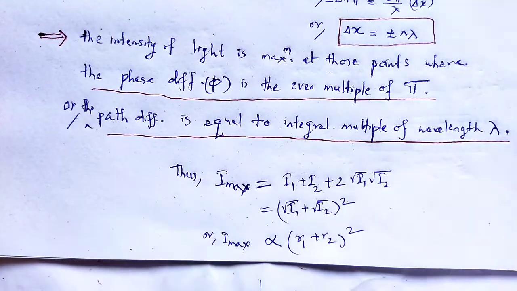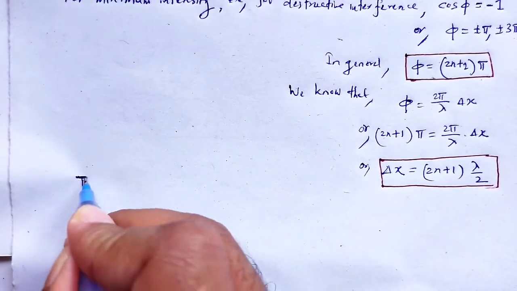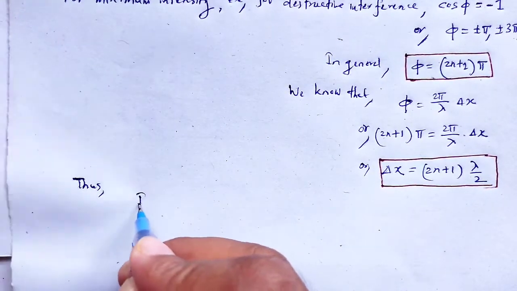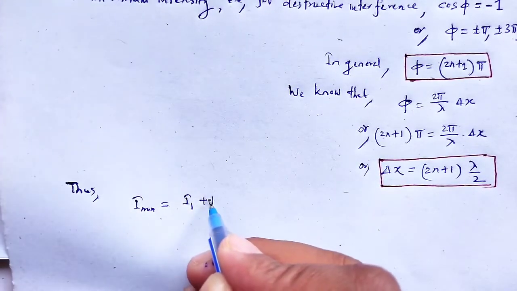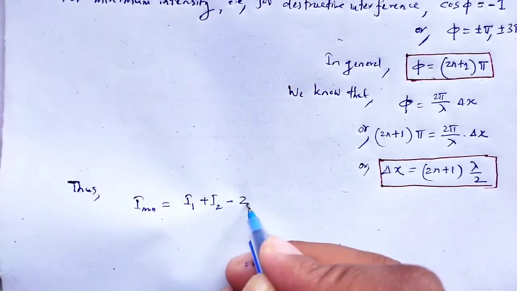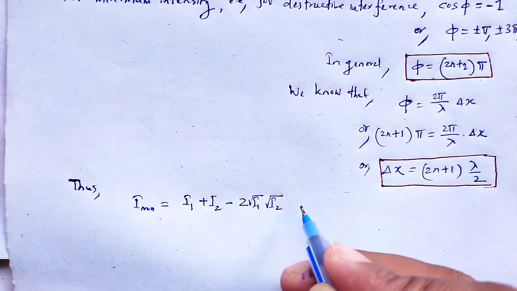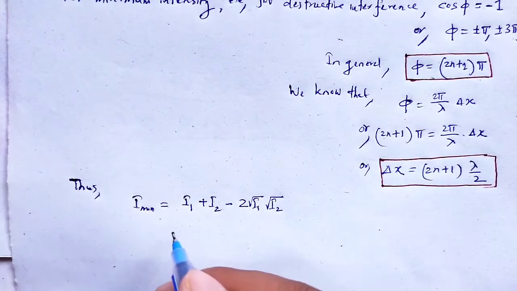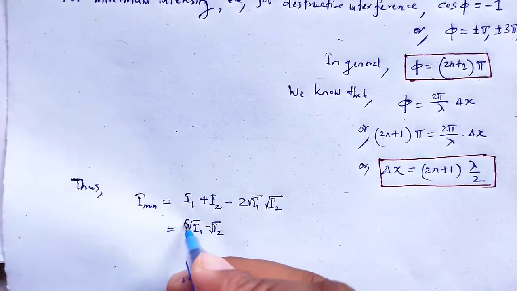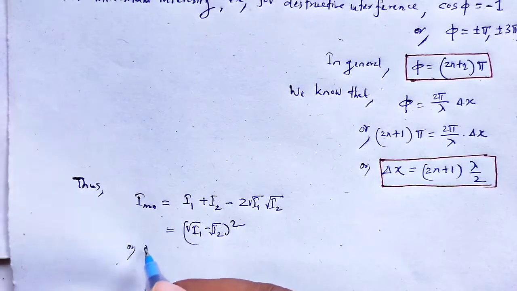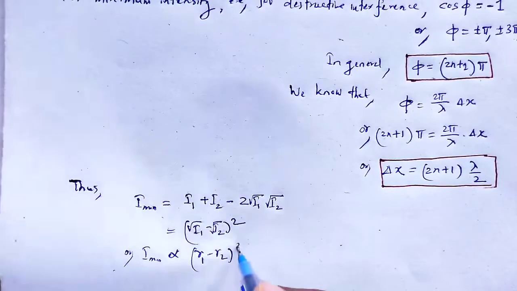Similar thing happened here in case of destructive interference. Thus, for destructive interference, I minimum, the condition, that is I1 plus I2 minus 2 root I1 root I2 cos φ with cos φ equal to -1, which is equal to (√I1 − √I2) whole square, meaning I minimum is directly proportional to (R1 − R2) square.